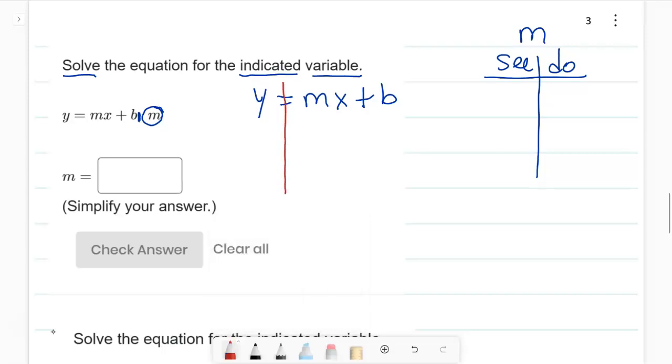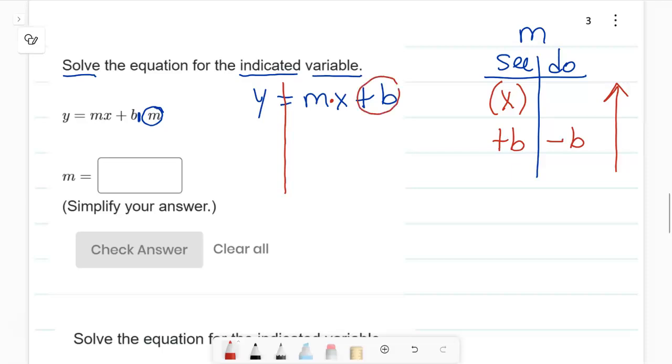What do I see happening to my m? So m is multiplying by x, so I like to put it in parentheses. That means multiply. What else is happening to my m? They added b. Okay. So I'm going to do the opposite, start from the bottom up. The opposite of plus b is to subtract b.